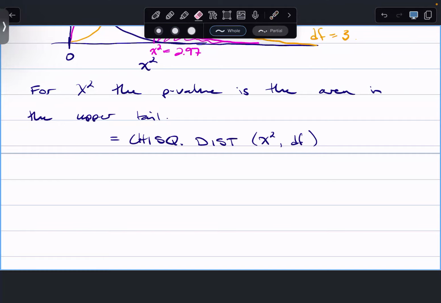Oh, okay, but the x should be the chi-squared. Yeah, I'll use x, but this is the chi-squared that we calculated. And then the cumulative will be true because we want the area up to and including that point.